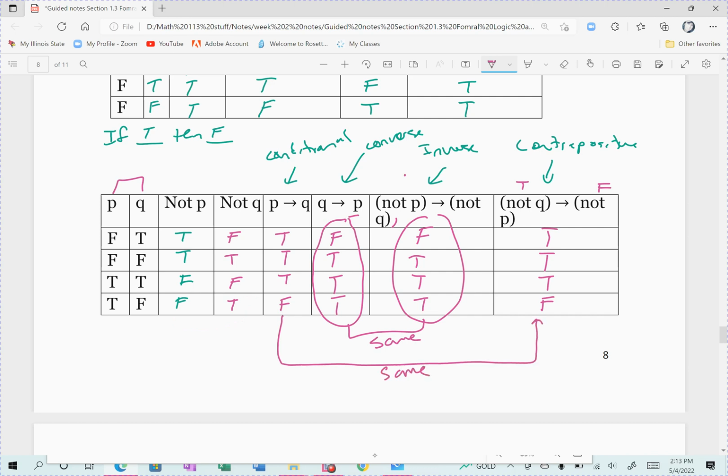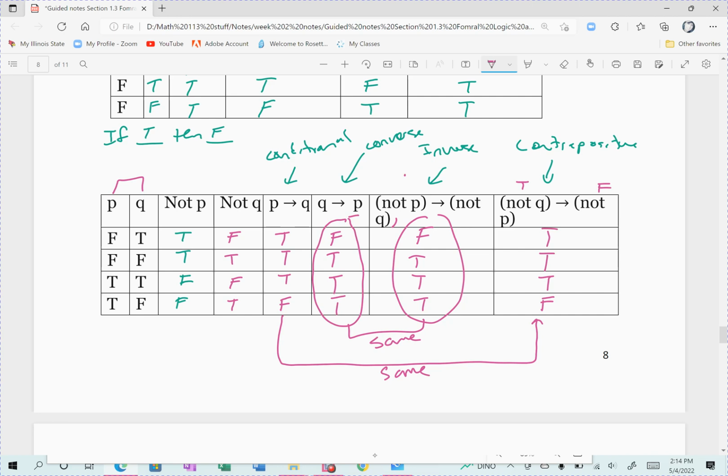And it should make sense that they're the same because the conditional was P implies Q. The contrapositive, we flipped everything, right? We flipped P and Q, and we've negated it, right? And so again, it's kind of like a double negative. It makes it the same, right? And the middle statement's, again, the same thing, all right? Because we flipped it. It has the exact same truth table as when we negate it, all right?